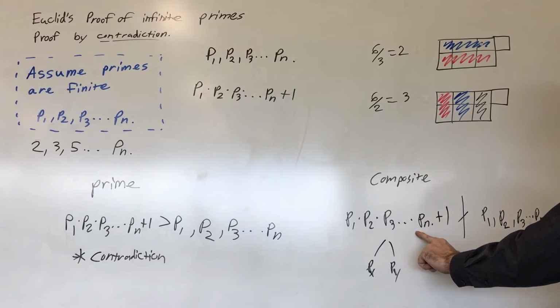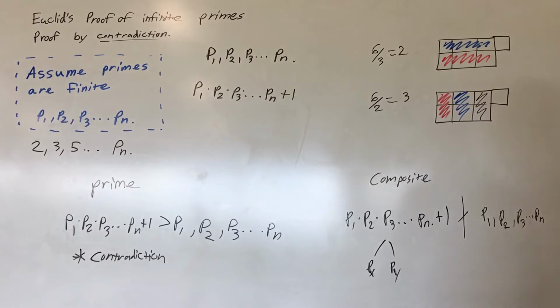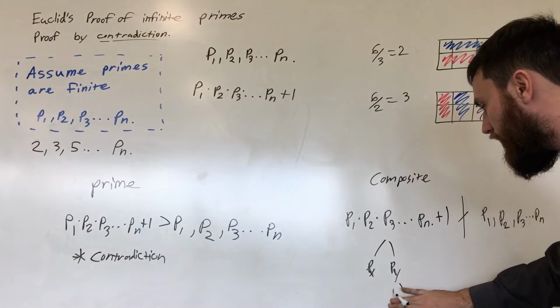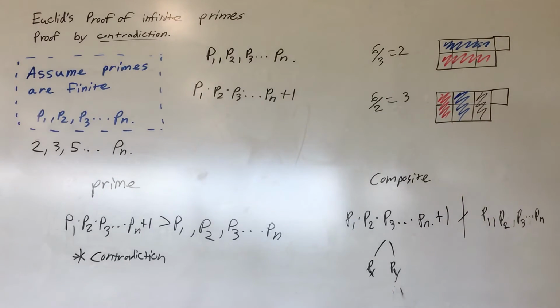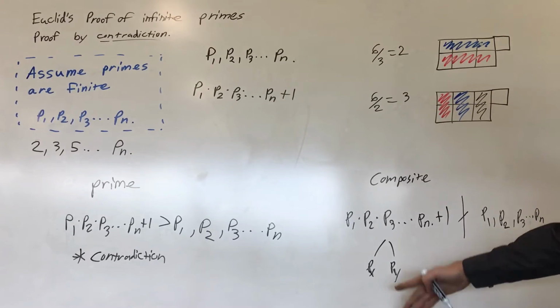But it's a composite number, so it must be divided by something. It must be able to be broken apart into 2 primes or more. So maybe more than that, but we won't get into that. Well then, we have 2 primes that need to be added to the list.